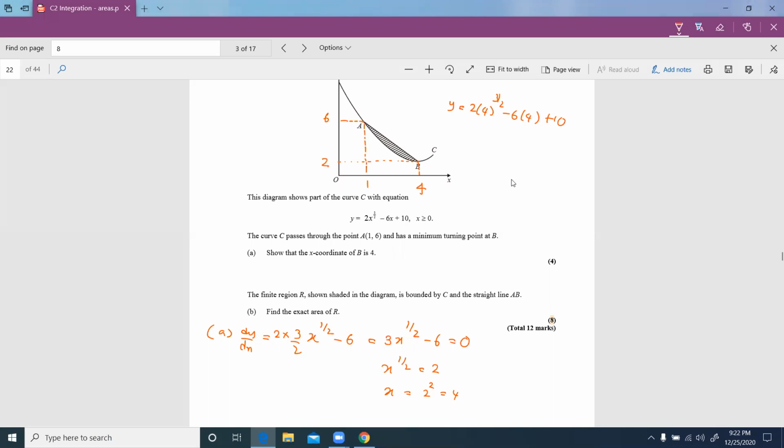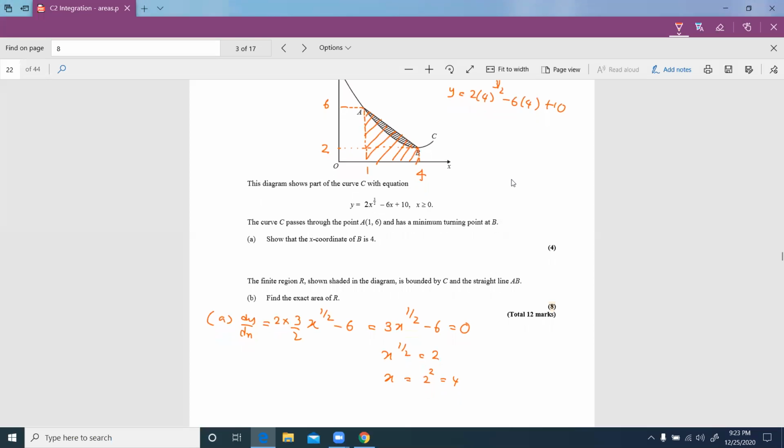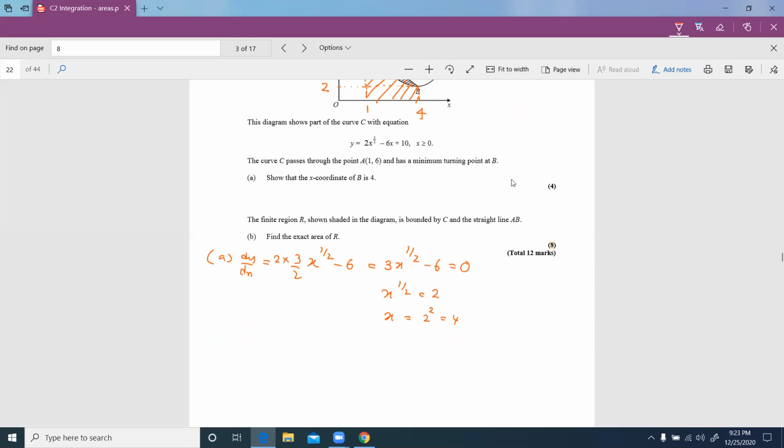Then the obvious question: they want to find the region R. Initially you can see that this shape is a trapezium, so I try to find that trapezium area.